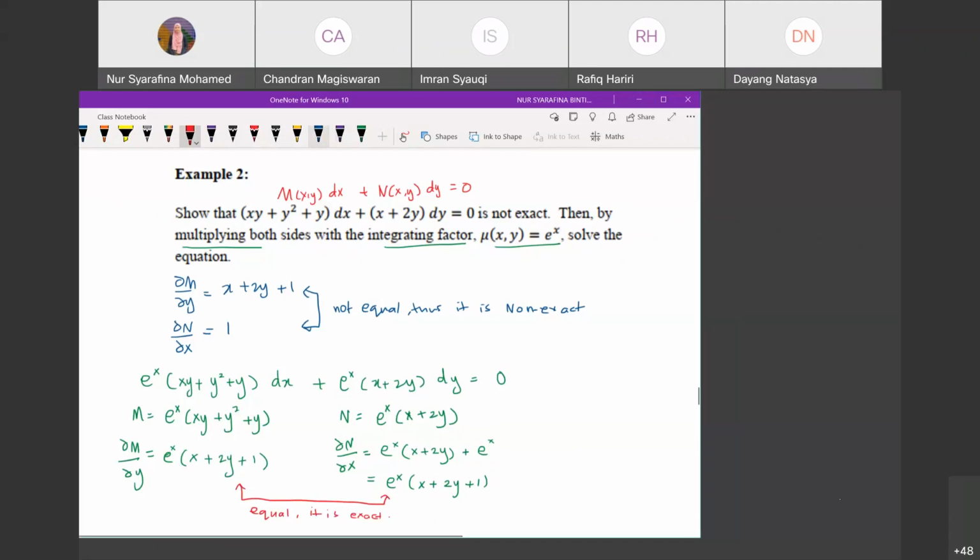Once it is equal, then it is exact. Then you can say that your M now is del u del x, which equals e^x (xy + y² + y), and your N now is del u del y, which equals e^x (x + 2y).